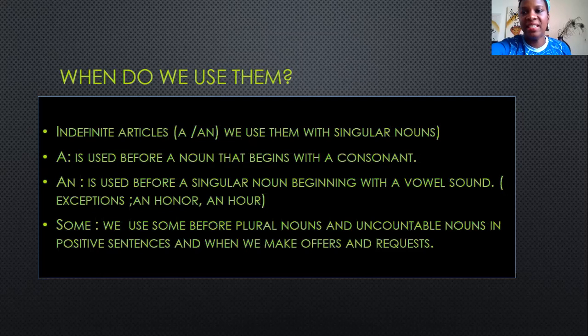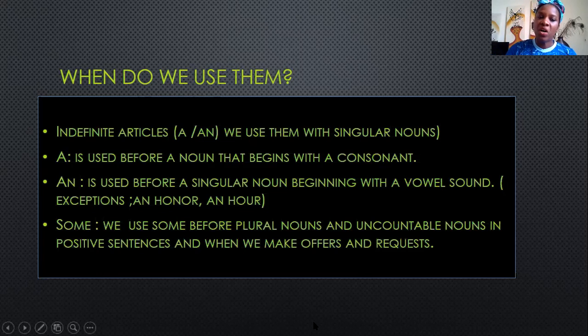Let's say that I have this glass. In this glass, I have water, okay? I have water in this glass, and I cannot say I have 3 waters in the glass. I am not able to count the amount of water or juice, for that matter, that I have in the glass. So I would say I have some juice or I have some water, for example.